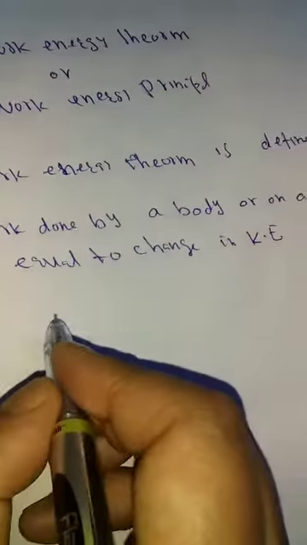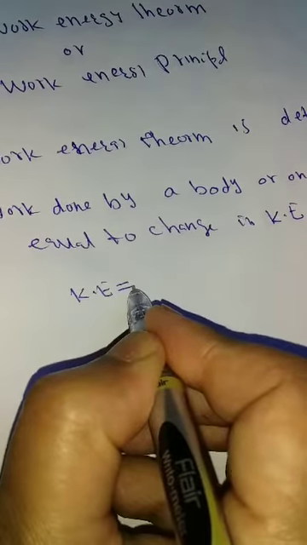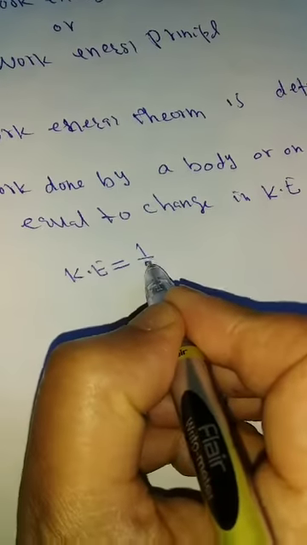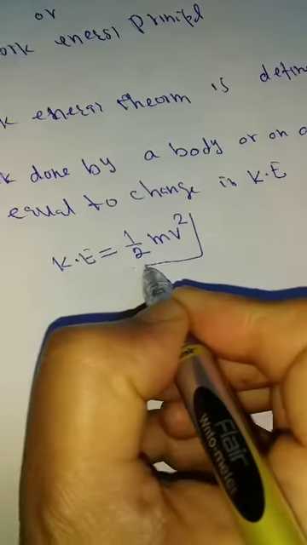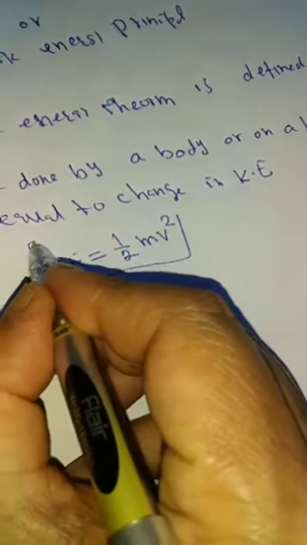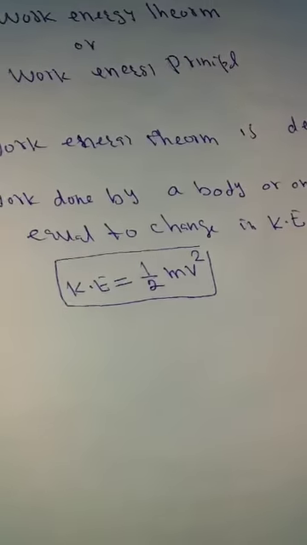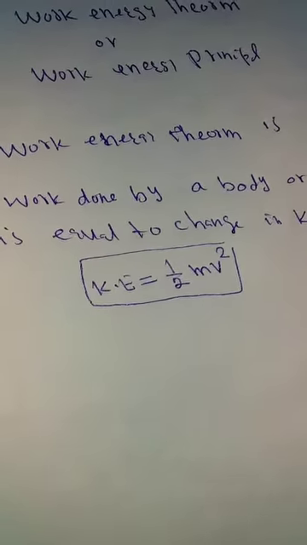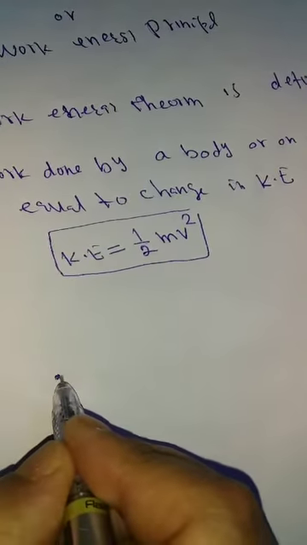Again, we know from the previous class that kinetic energy is the energy possessed by a body due to its state of motion. Ultimately, kinetic energy is equal to 1/2 of mv square, where m is the mass of the body and v is the velocity of the body. We have discussed it in the previous class. Suppose this is a body of mass m.